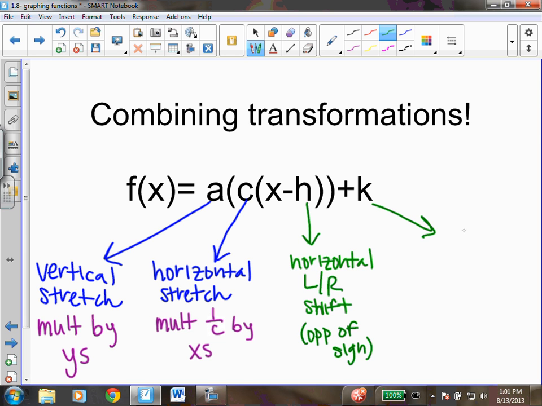And a number being added or subtracted on the outside is a vertical shift. And you always go with the sign. Let's try an example.